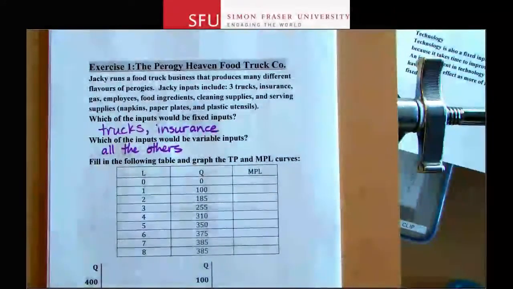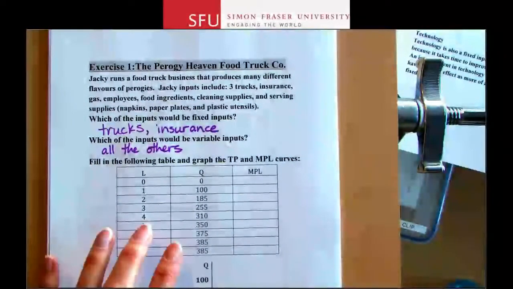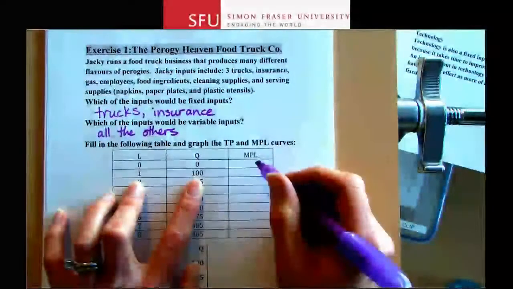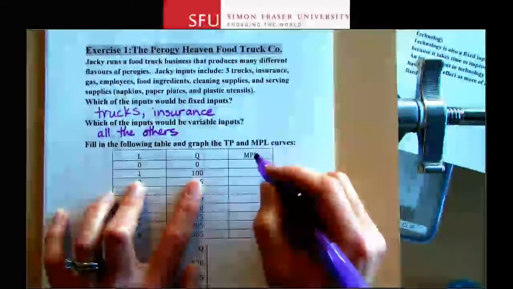All right, so now marginal product of labor. We've got workers and output, and we're just measuring the extra output from hiring one more worker.